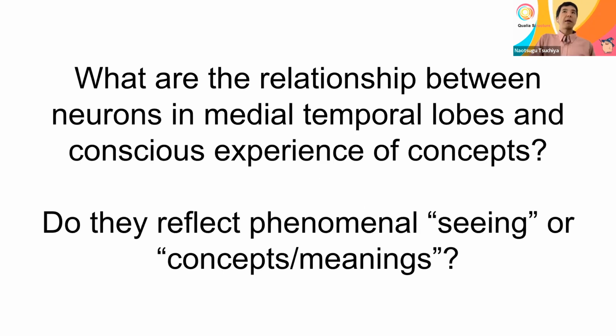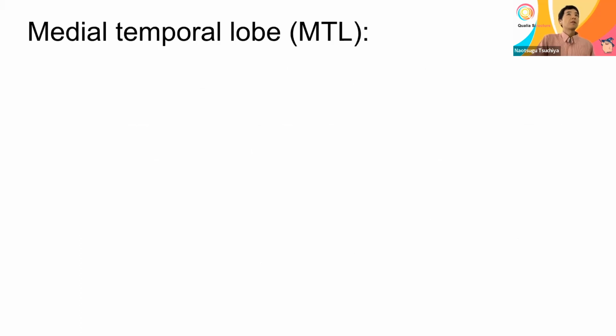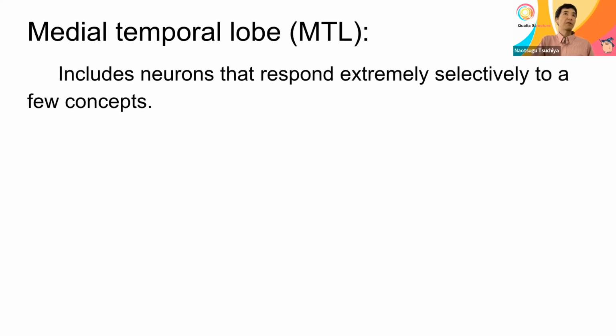So what is the relationship between neurons in the medial temporal lobes and the conscious experience of concepts? Do they reflect phenomenal seeing or concepts or meaning? That's the last part today. The medial temporal lobe, sometimes called the MTL, includes neurons that respond in an extremely selective way to a few concepts.